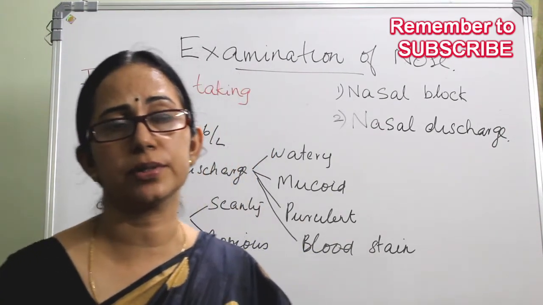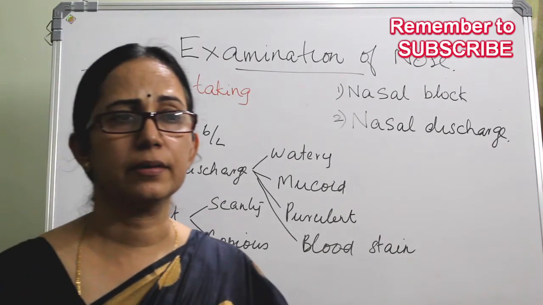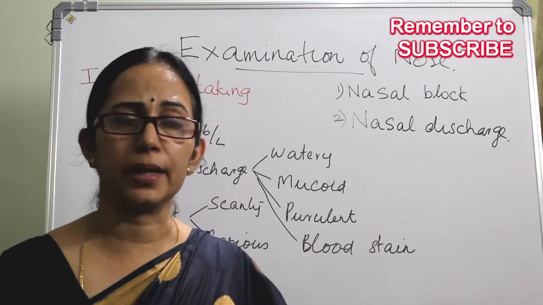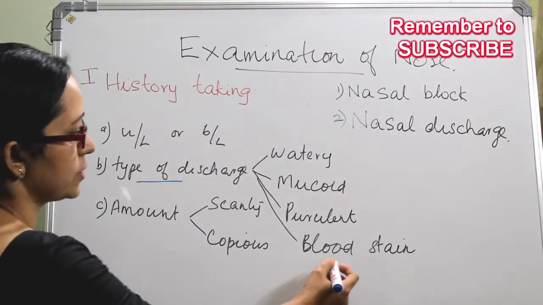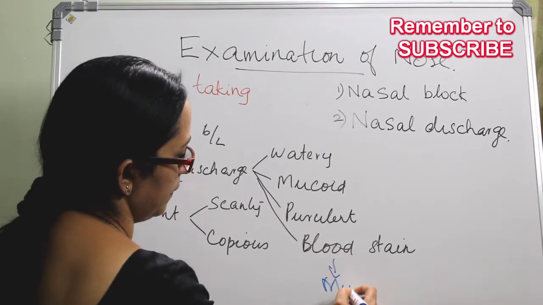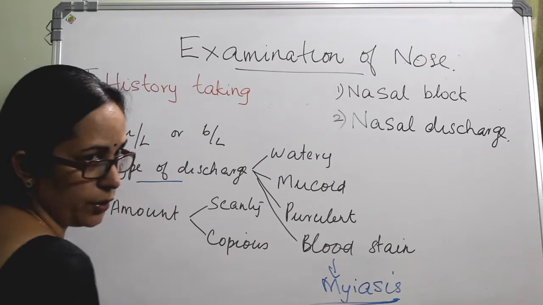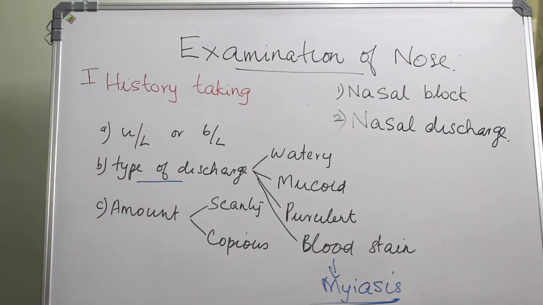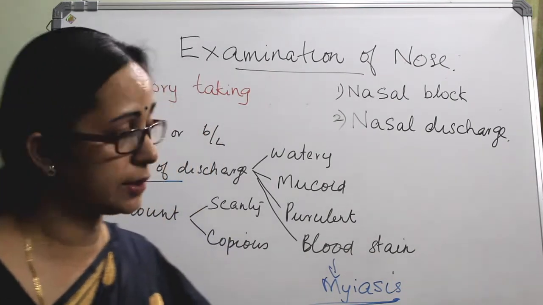Any infective pathology you get a purulent or a mucopurulent discharge, and blood stained, no doubt you will get in malignancy. Again nasal myiasis, okay, this again is a very important topic. Myiasis, you get a blood stained discharge. And also in case of malignancy of the nose, again it is blood stained.